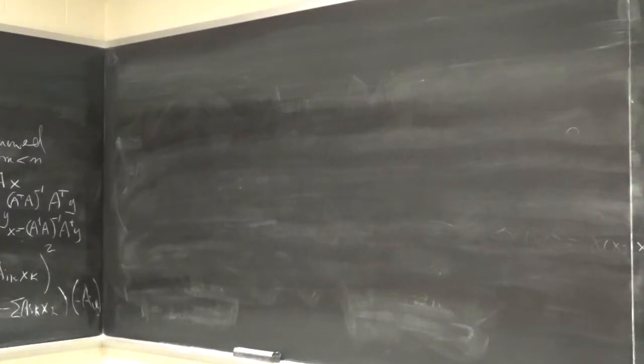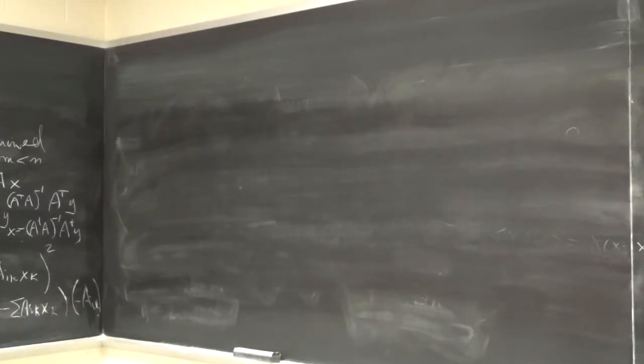And by the way, in the problem sessions you can ask questions about the homework that's due Friday of this week. And in fact, next Wednesday, the next problem session, I'll actually do any of the homework problems that you want me to do. I'll do them on the board during the problem session.